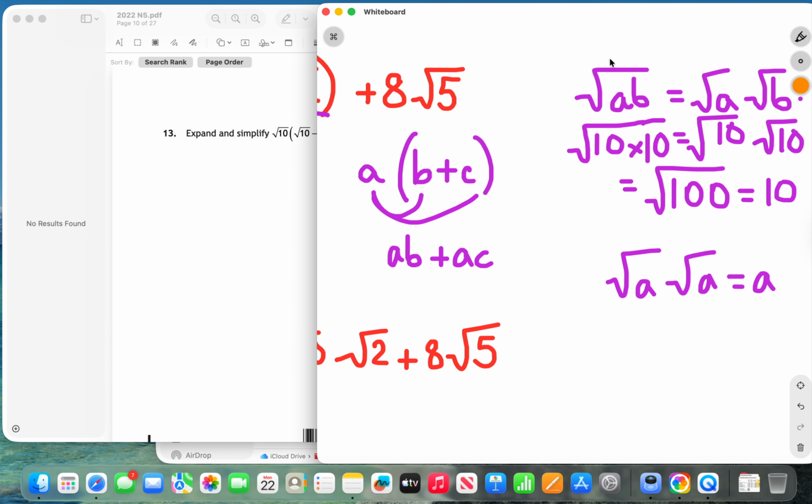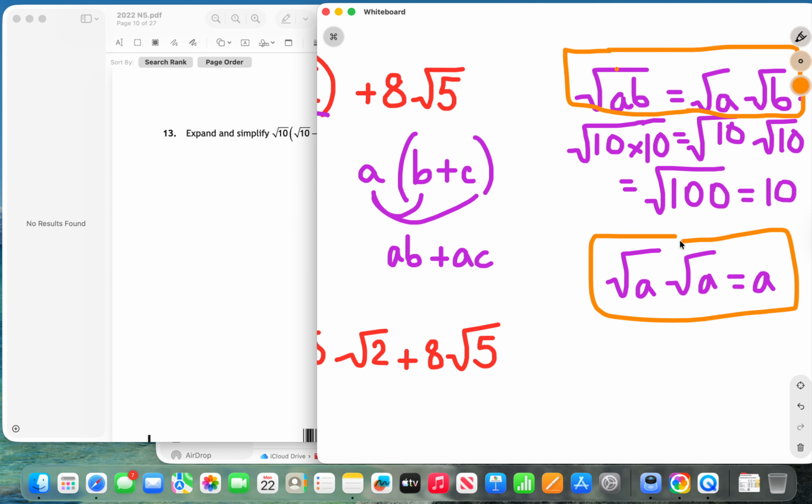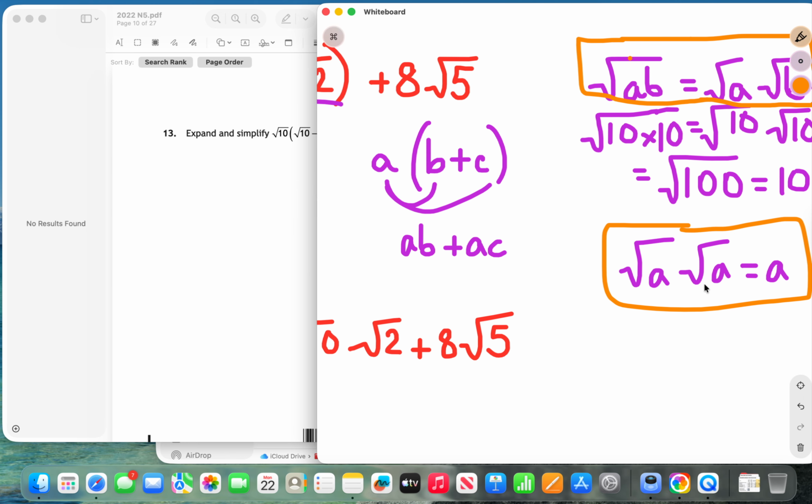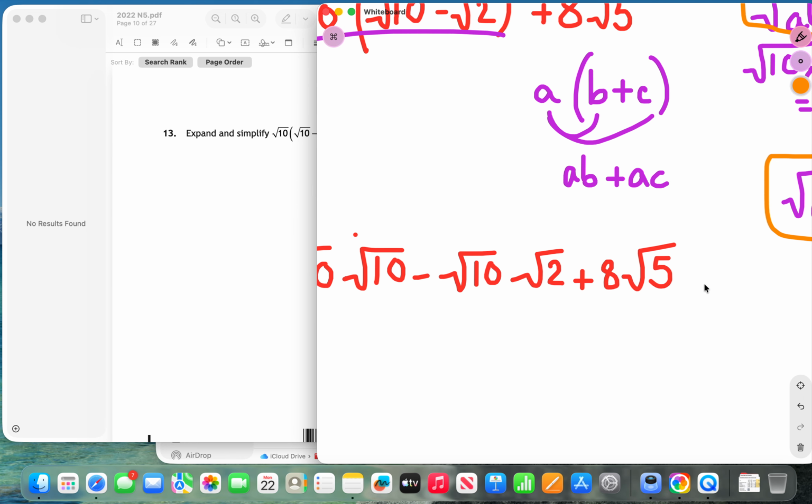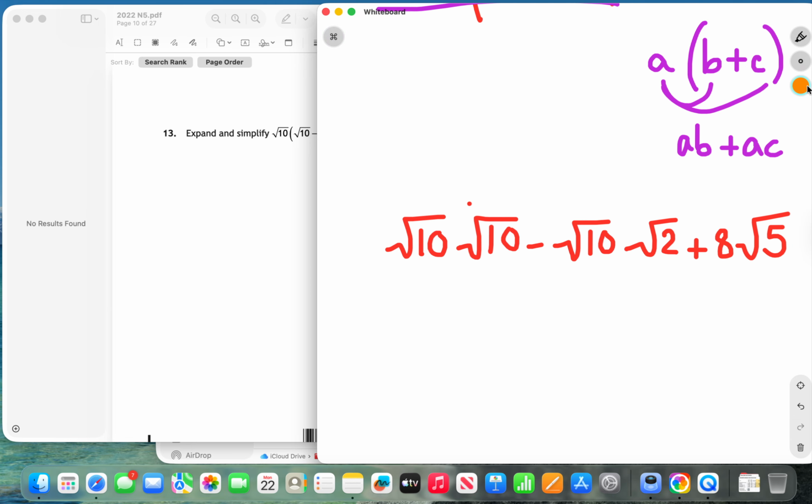I'll put all of the laws of surds in orange boxes. So we have this one, and we have this one. Now, regardless of which way you do this, we get that root 10 times root 10 equals 10.